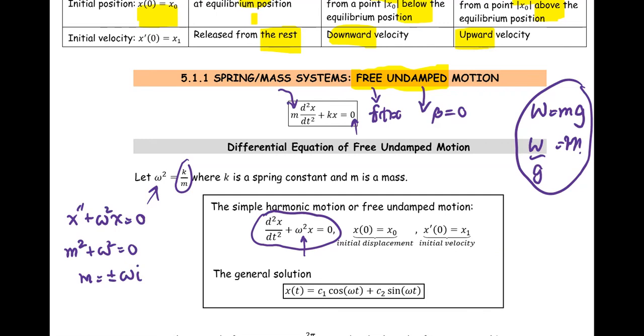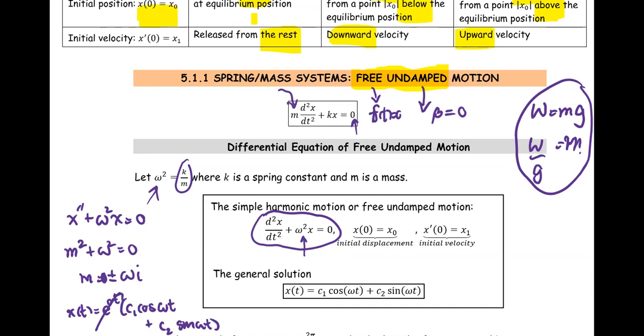So then the solution will be in case number 3. Since the real part is 0, the solution x of t equals e to the 0 t multiplied by c1 cosine omega t plus c2 sine omega t. Since the real part is 0, the exponential part is gone.